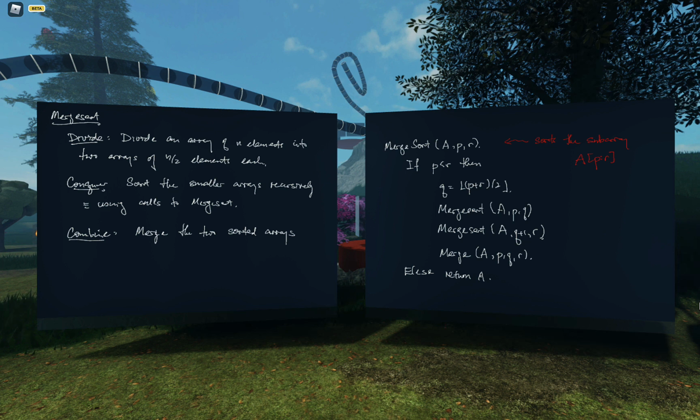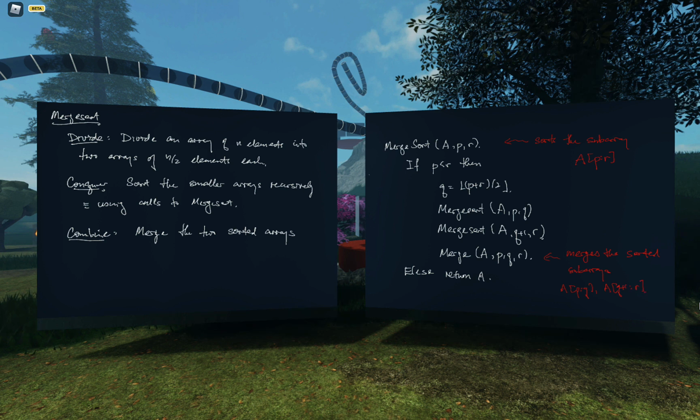Maybe I should have put R plus 1 there, but I'll just write A, P, R. So this is just the array as a subarray between index P and index R, and this thing here merges the sorted subarrays A, P, Q and A, Q plus 1, R.